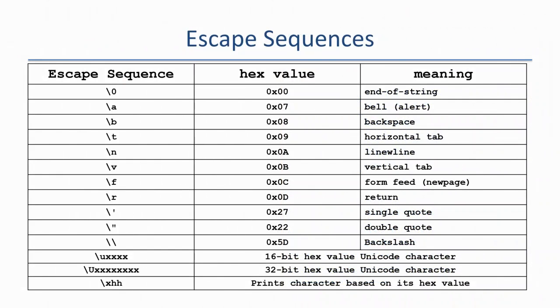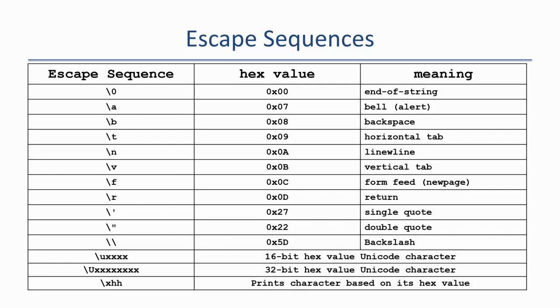Sometimes in character strings, we want to insert a character which is either non-printable or may have a special meaning. For example, a tab character or a new line is a special character. Using a backslash with a character after it is called an escape sequence. That basically means you are trying to represent a special character by using this escape sequence.